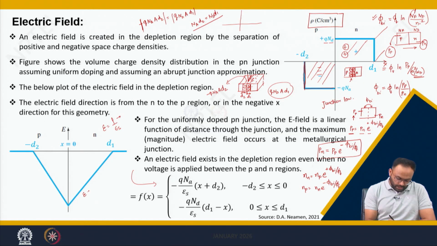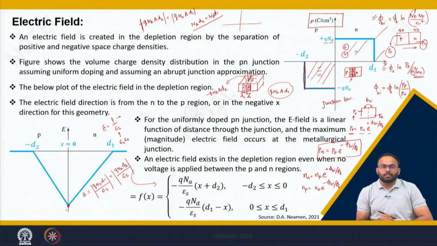So the electric field can be given as Q into Nd into D1 divided by epsilon s, where epsilon s is the permittivity of silicon, epsilon S into epsilon naught. This is the electric field at the N side. Similarly, Q times Na into D2 divided by epsilon s is the electric field at the P side.